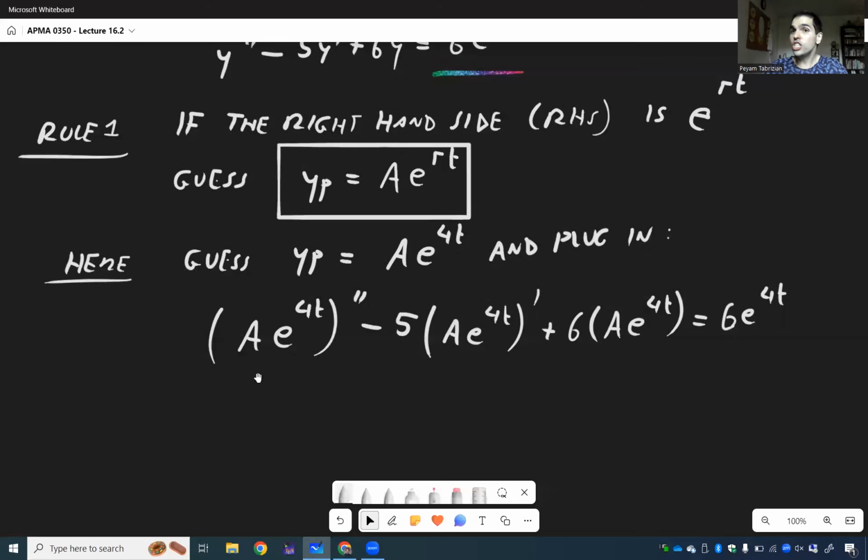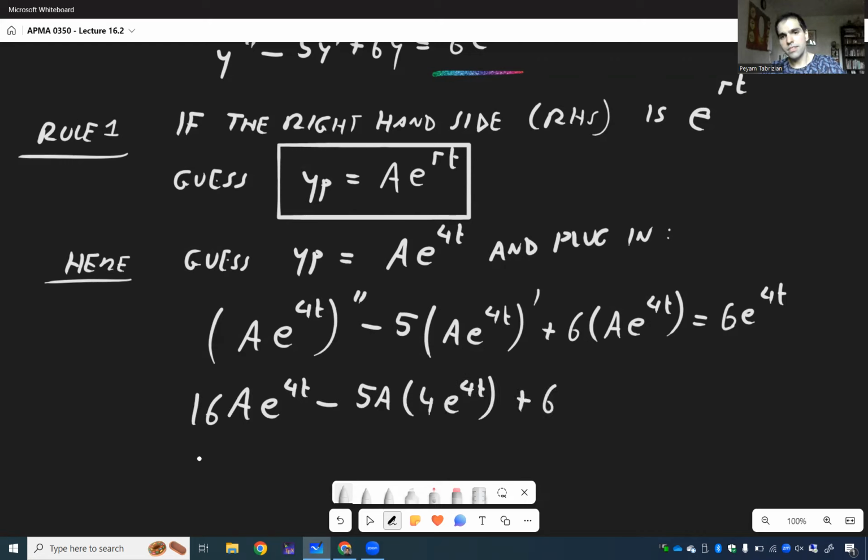Now, if you differentiate e to the 4t once, you get 4e to the 4t. If you do it twice, you get 4 times 4. So 16a e to the 4t, and then minus 5a times 4e to the 4t, and then plus 6a e to the 4t equals 6e to the 4t.